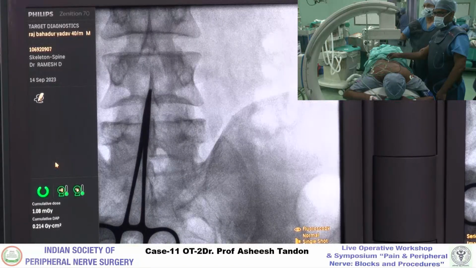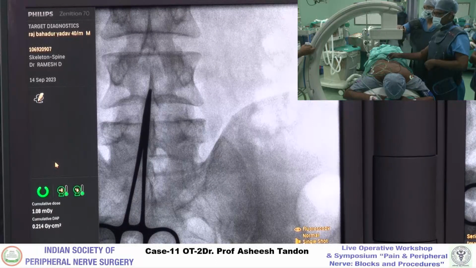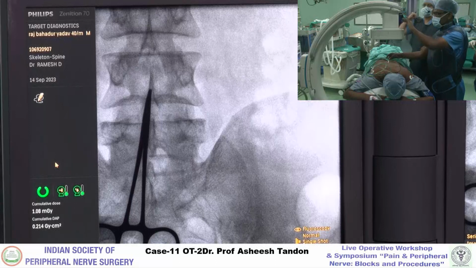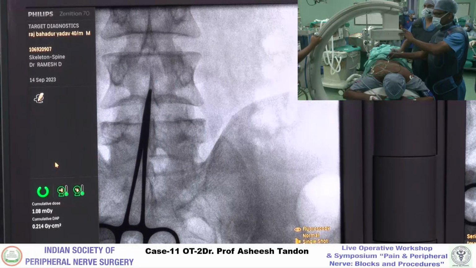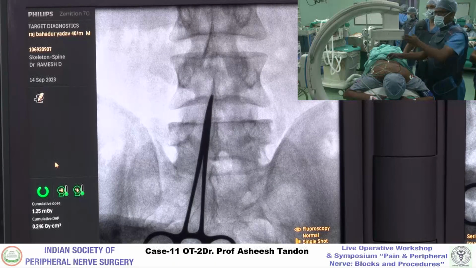So generally the receiver is tilted towards the head, but in this patient we have to tilt it opposite. So what I'm trying to emphasize is you need to square each level rather than having preconceived fixed angles. Correct.